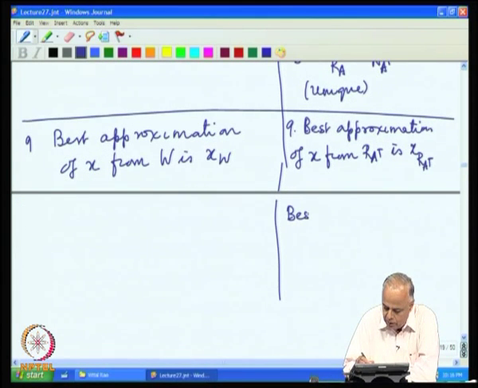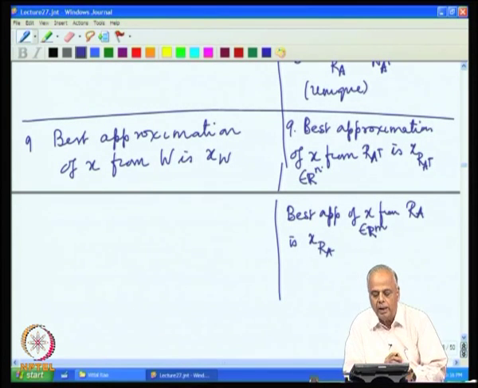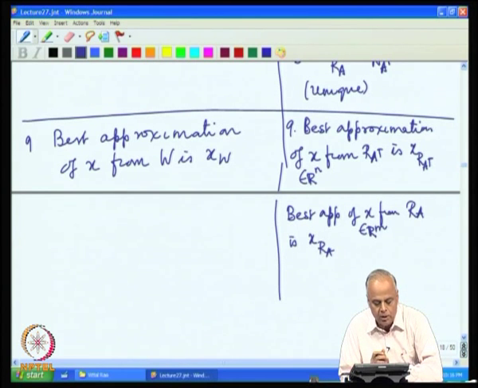Best approximation of x from R(A) is the projection of x in R(A), and this is the R^m side and this is the R^n side. So, any vector in R^n can be approximated with least square error from R(A transpose), and any vector in R^m can be approximated with the least square error from R(A).